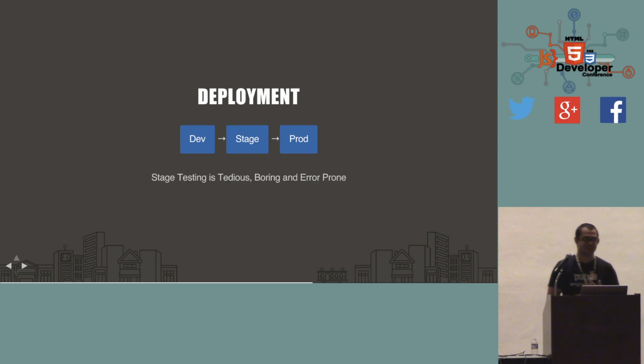I really dislike stage testing. We still do it at Yelp, but we're trying to avoid it as much as possible. It's tedious. It's really boring to do. When you go to a staging environment, you start clicking around on stuff to make sure your feature's working. It's a little bit silly to do that when you could just write a test that'll do it for you. The other thing is it's error prone. You can definitely have developers who just miss things.